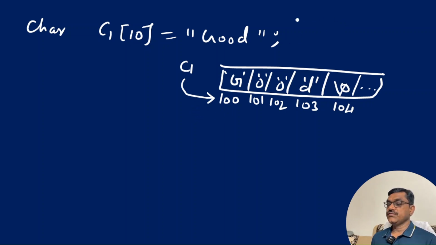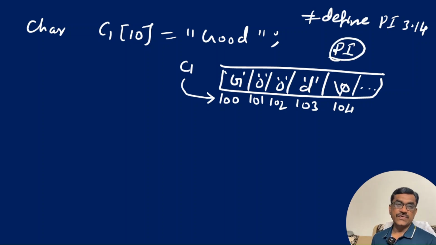To differentiate the character array and character pointer, if I write #define PI 3.14, then the meaning is that wherever I write PI, PI is not a variable. It is a constant whose value is 3.14.